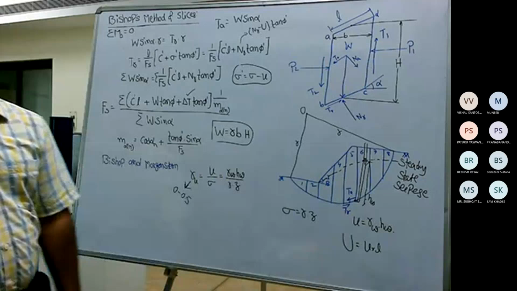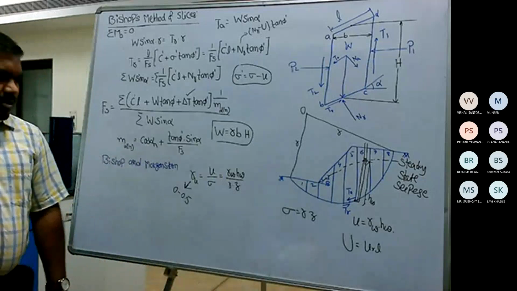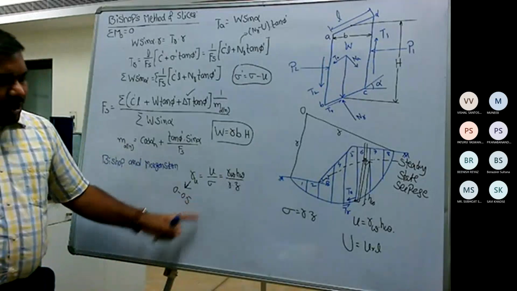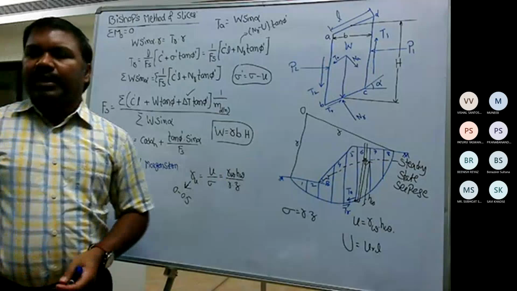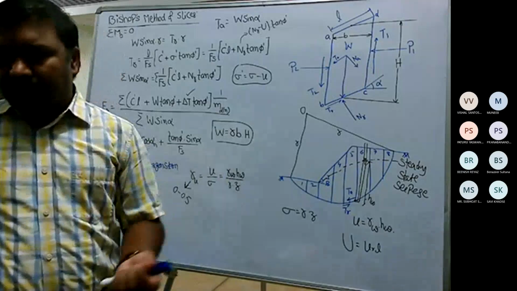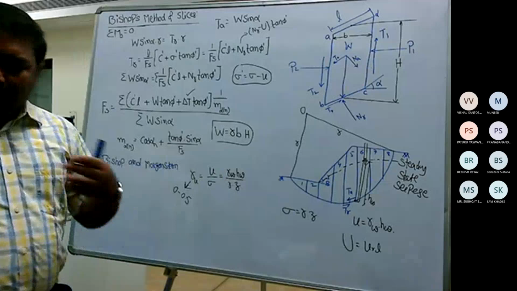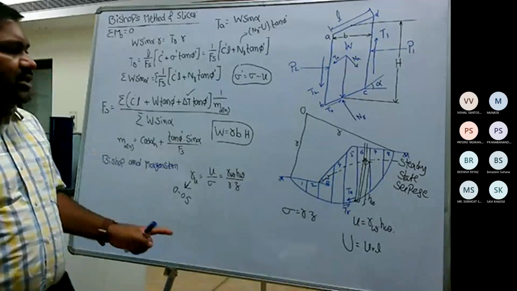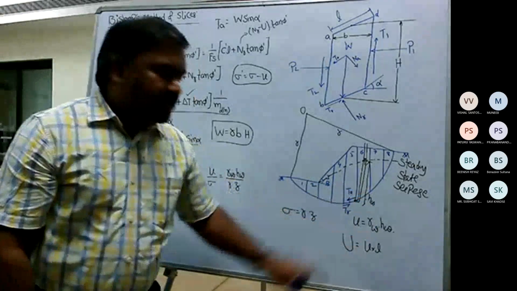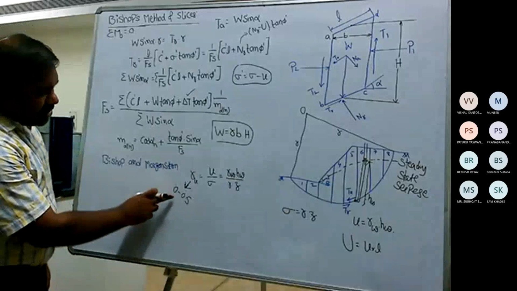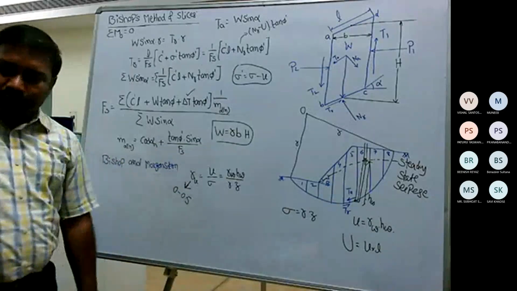So normally when you do any slope stability analysis considering the steady state seepage, another parameter that can be used instead of the pore pressure U is the pore pressure coefficient, in the form of RU.